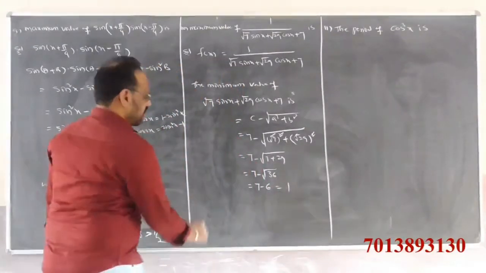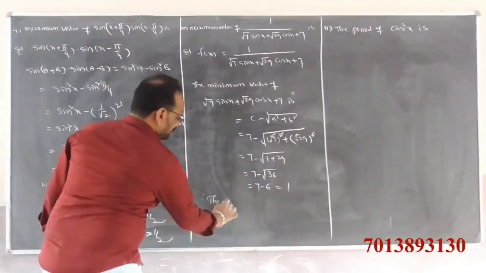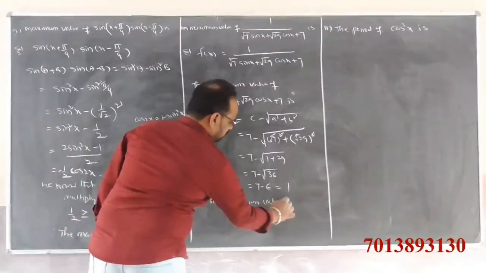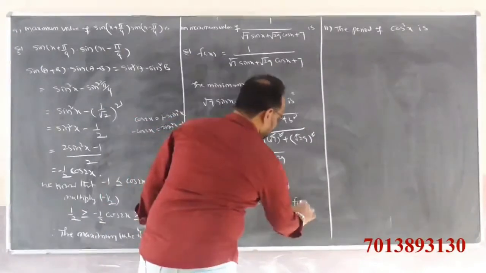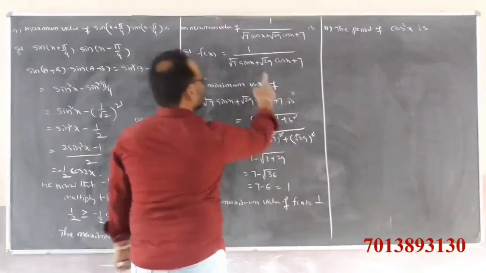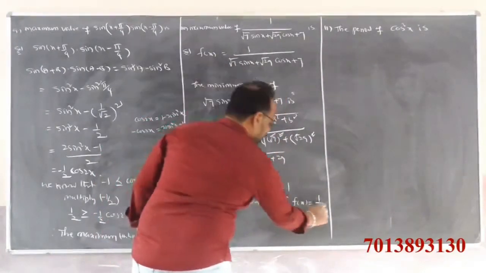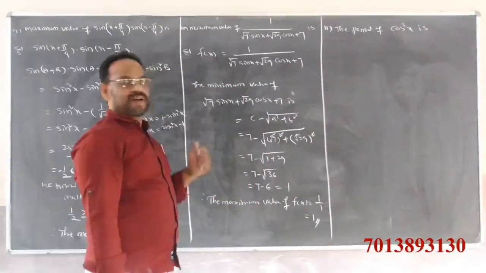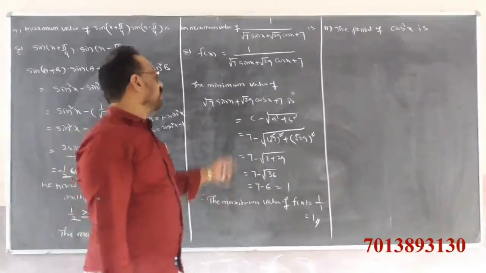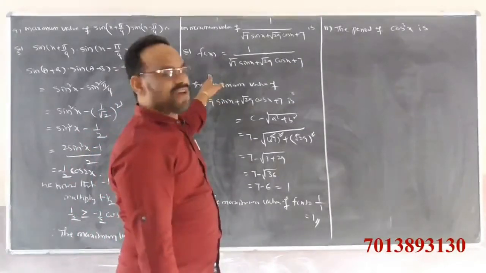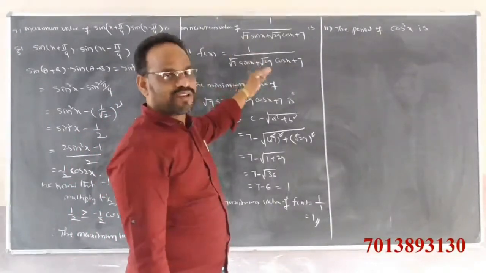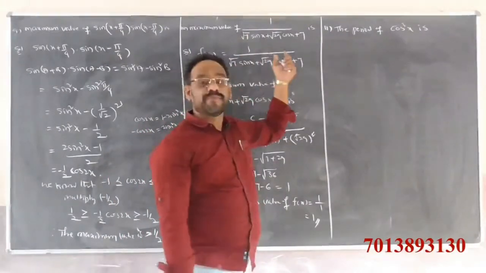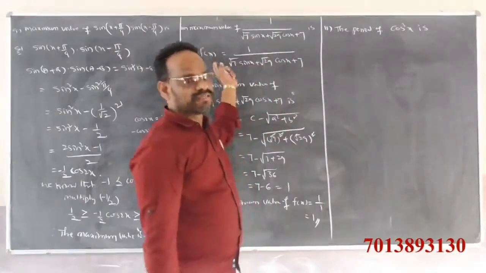Therefore, the maximum value of f of x is 1 by the minimum value of the denominator, which is 1 by 1, that is 1. The denominator has the minimum value, so we get the maximum of f of x.